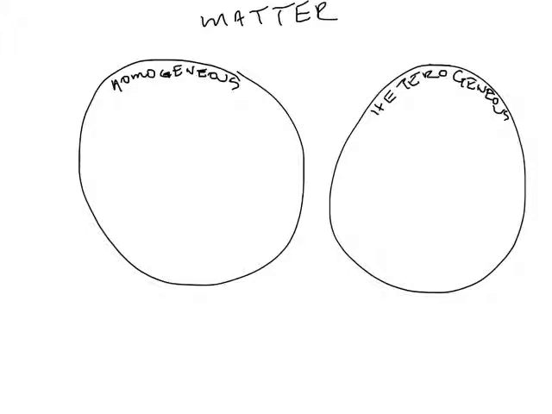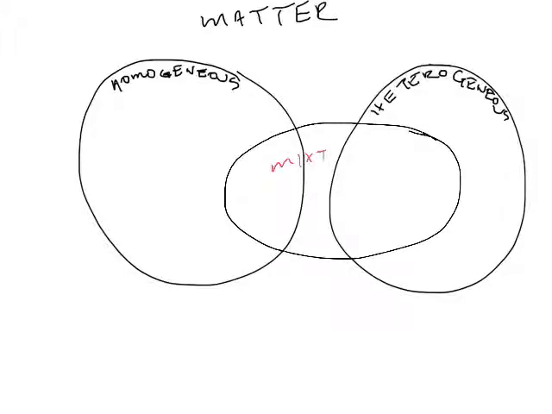Mixtures, as we've talked about on the previous slide, can either be homogeneous mixtures or heterogeneous mixtures. So I'm going to draw my circle of mixtures, and it's going to encompass both, because we have some mixtures, Kool-Aid, Gatorade, salt water, that are homogeneous mixtures, and some mixtures, salad dressing, soda, that are heterogeneous.